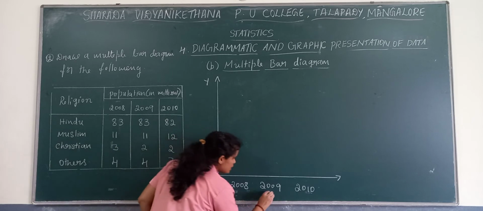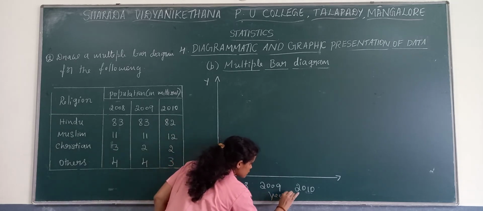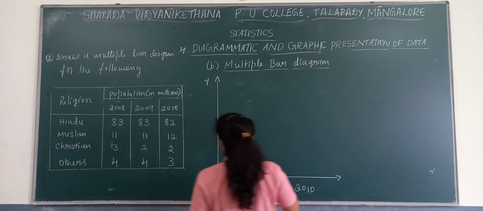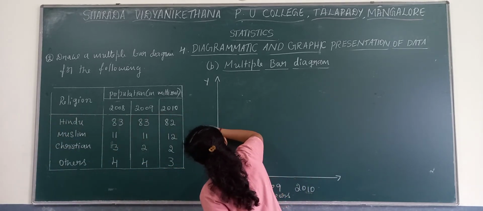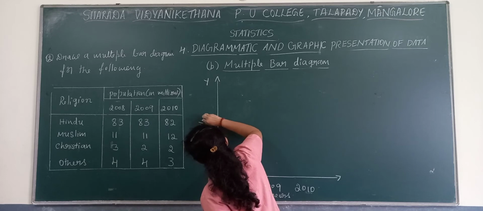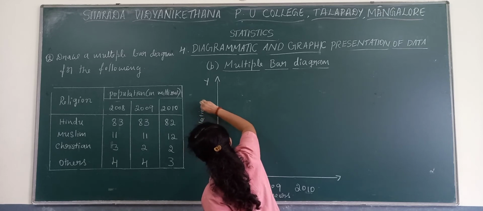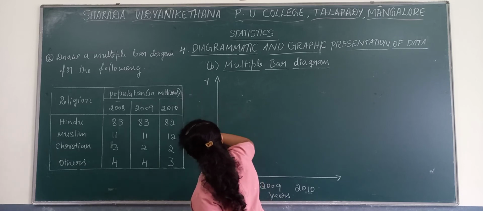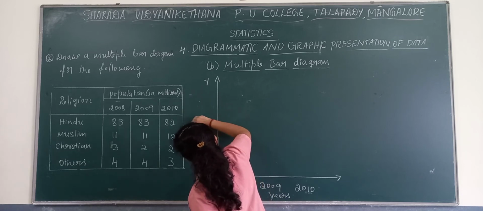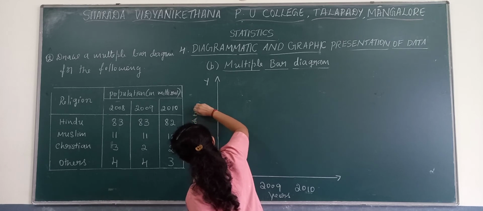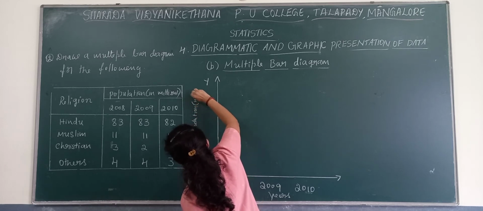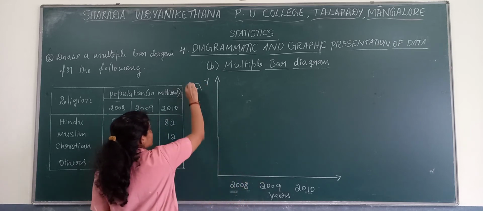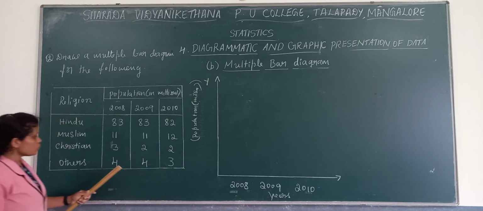Now, here it is years, and the population, again in million population. Now, how to get the information?